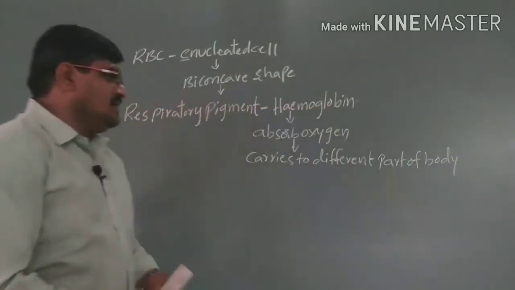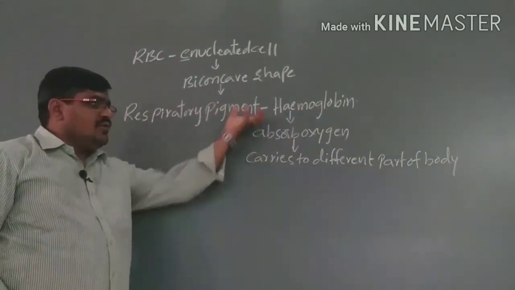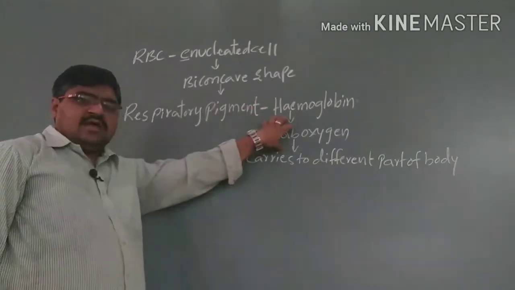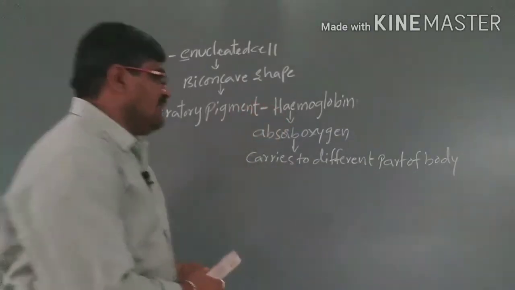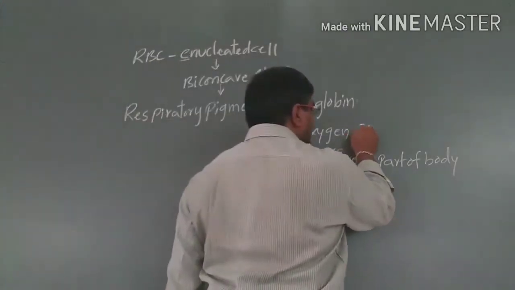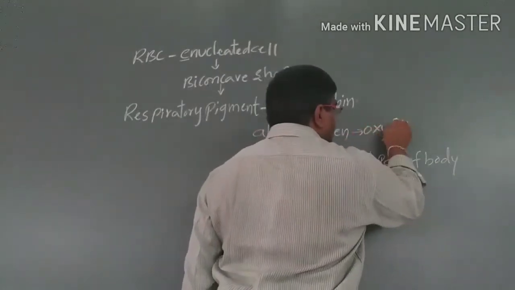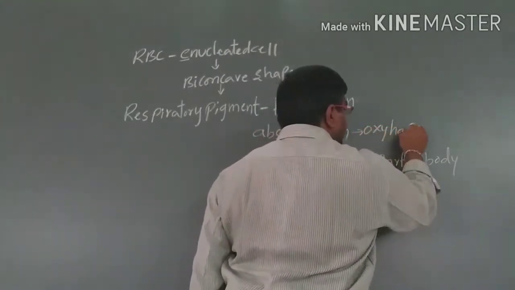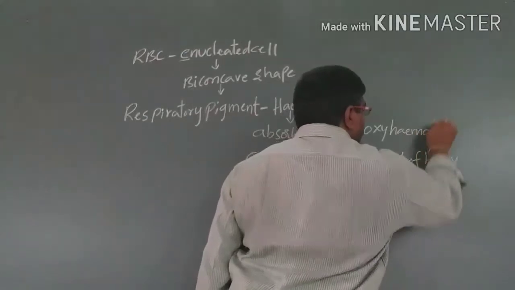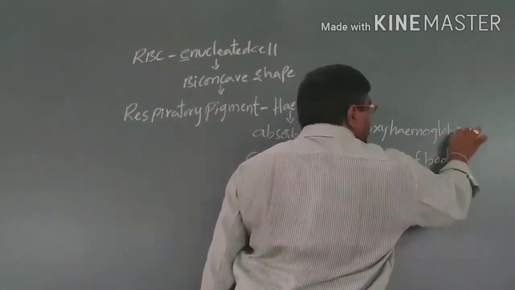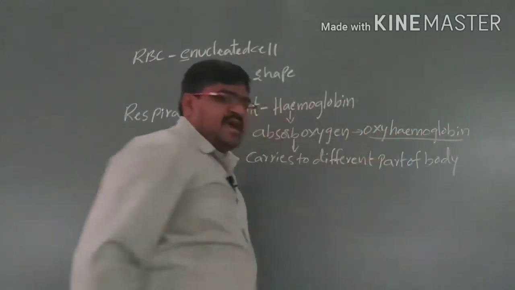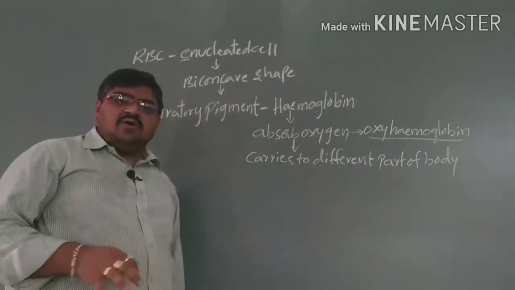Hemoglobin absorbs the oxygen, and that compound we call oxyhemoglobin. The oxyhemoglobin carries the oxygen to different parts of the body.